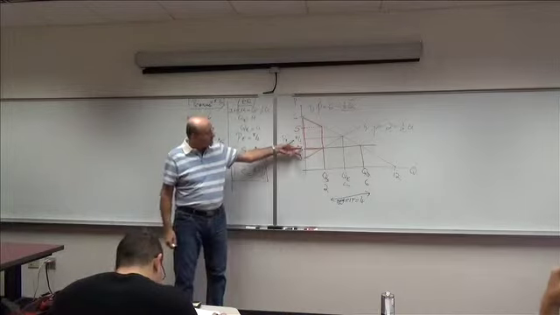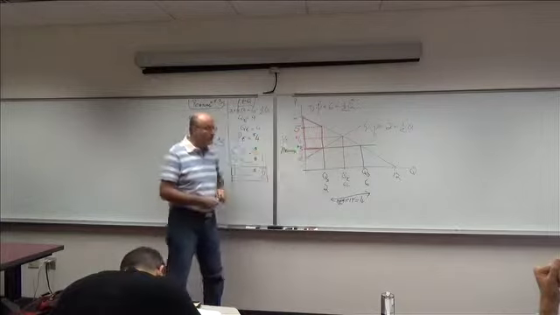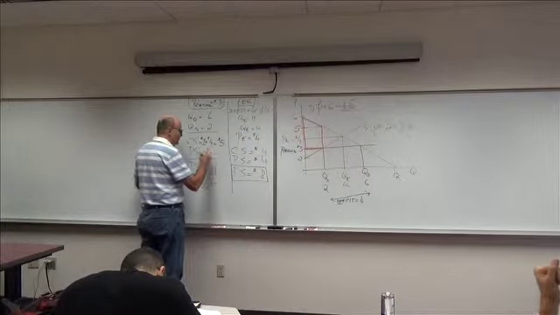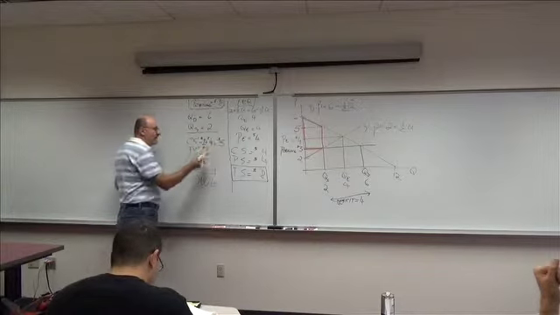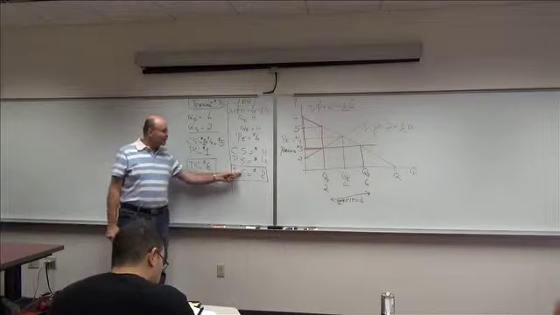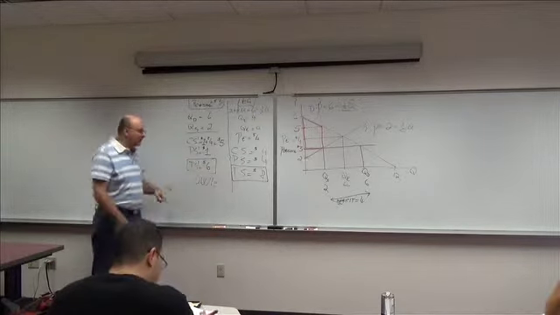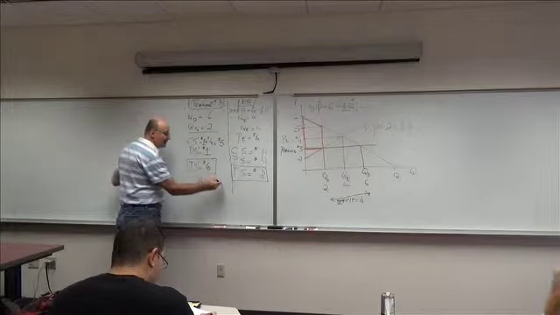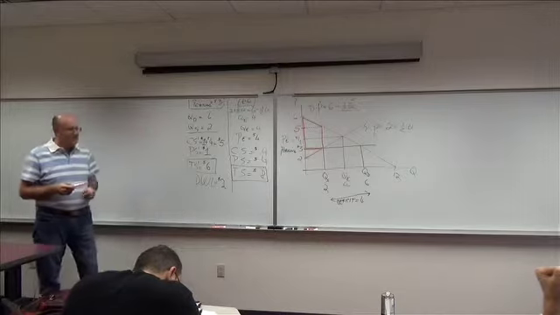How tall is that lower triangle? 1 times 2 divided by 2 is $1. What is the total surplus? 6. 5 and 1 is $6. What happens to total surplus once we impose the price ceiling? It drops. Drops from 8 to 6. That deadweight loss is $2. Brilliant.